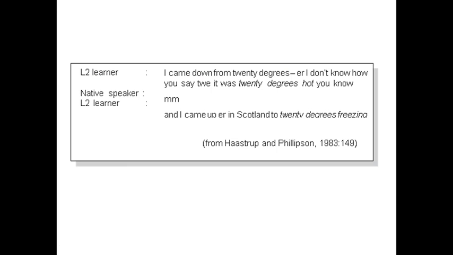So the example is given in this dialogue. I came down from 20 degrees, I don't know how you say it, 20 degrees hot, you know. And I came in Scotland to 20 degrees freezing.